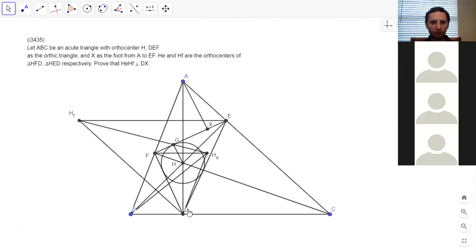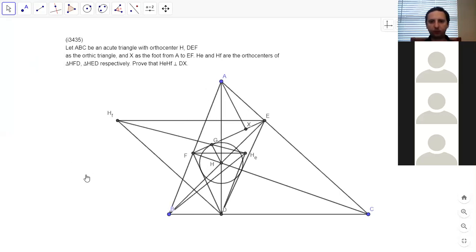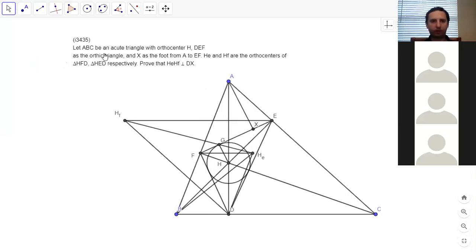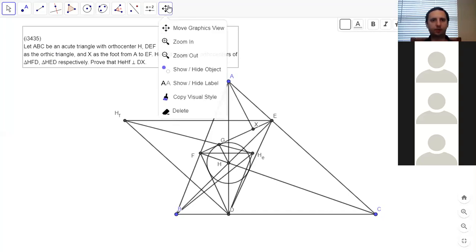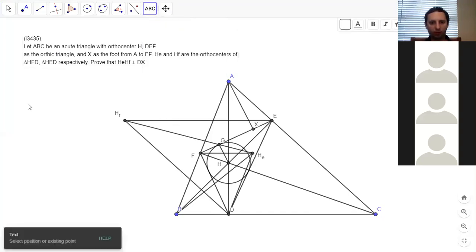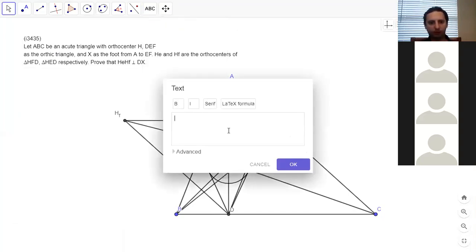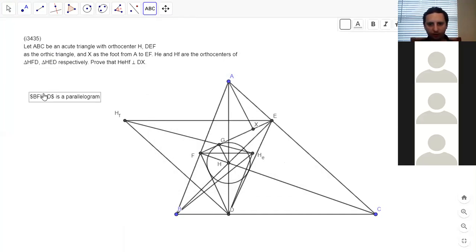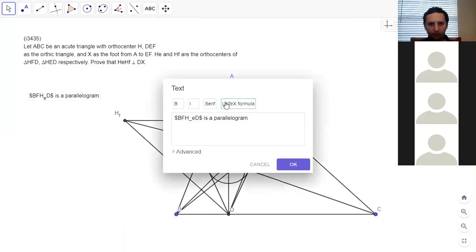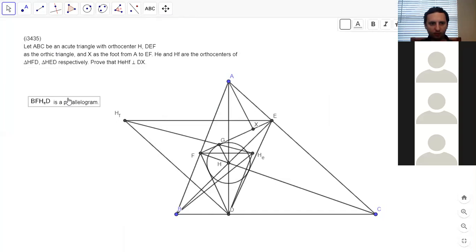So, okay, I'm just going to summarize this because it seems like a lot of you have seen this all before already. So we have BFH_FD... BH_EDF is a parallelogram. And then we have CEH_EDF is also a parallelogram.